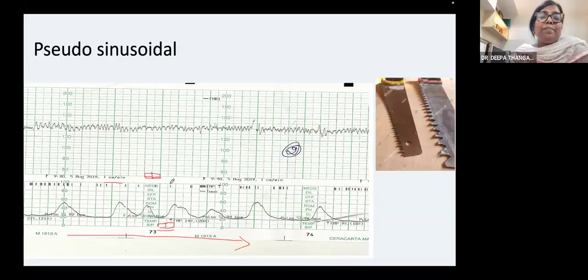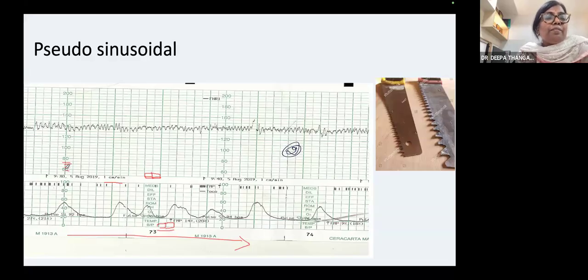When you tell the beats, you have to familiarize yourself with the CTG paper. Here the y-axis is the beats. This is 60 beats, then 65 beats, then 70 beats, then 75 beats. That means each small square is 5 beats.